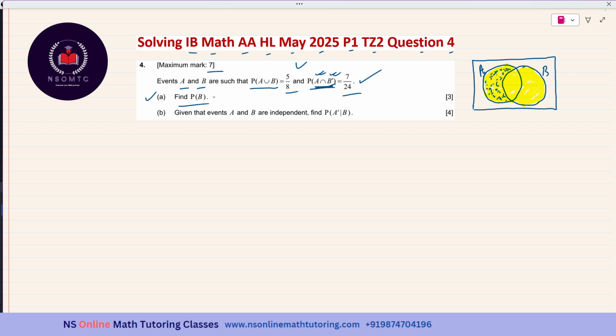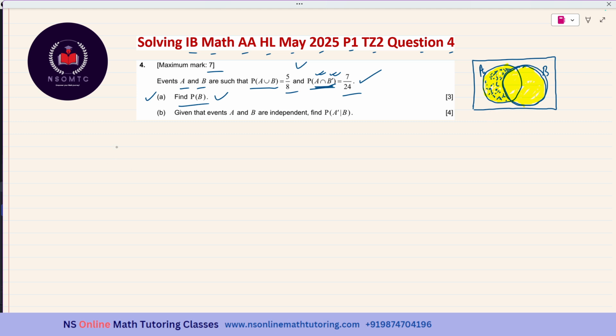So what is the probability of B? The probability of B will be this entire thing. So what will be this part? It will obviously be the yellow shaded portion minus this dotted region.